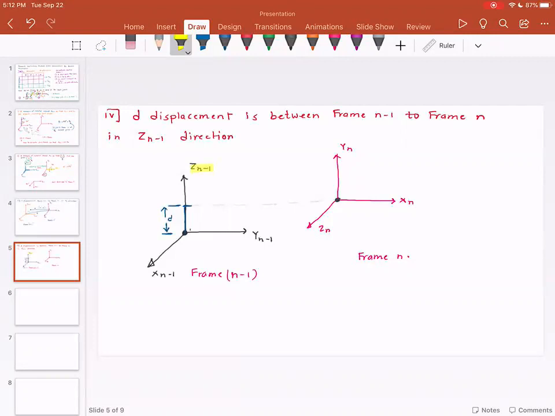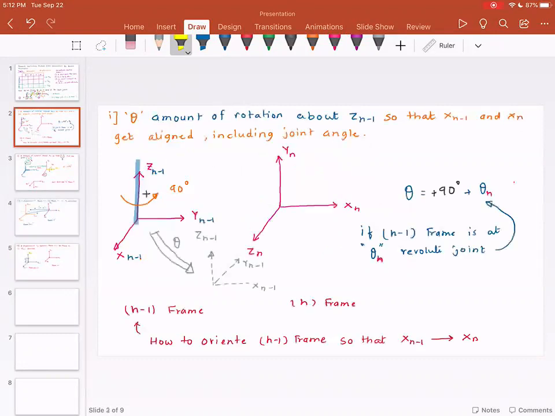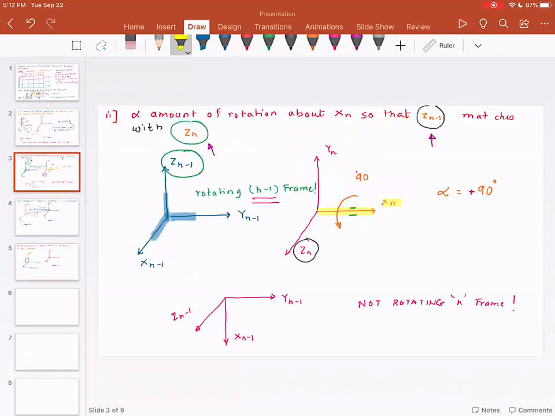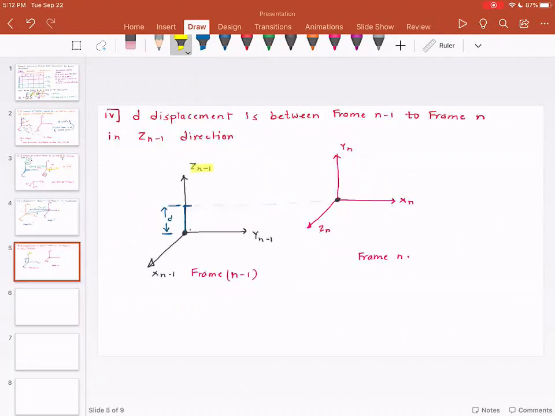If you go in the opposite direction, it's negative. Here we are looking at xn. So quickly look at, you have one rule for theta, you have one rule for alpha, you have one rule for r displacement, you have one rule for d displacement.